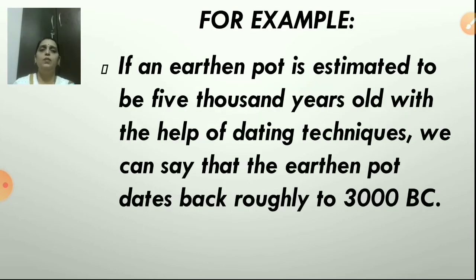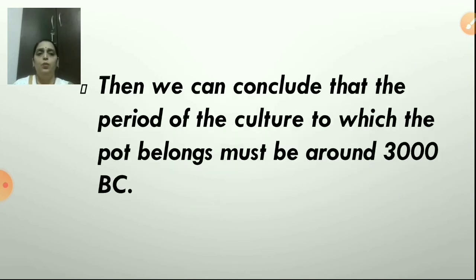For example, if an earthen pot is estimated to be 5000 years old, with the help of the dating technique we can say that the earthen pot dates back roughly to 3000 BC. So we can conclude that the period of the culture to which the pot belongs must be around 3000 BC.